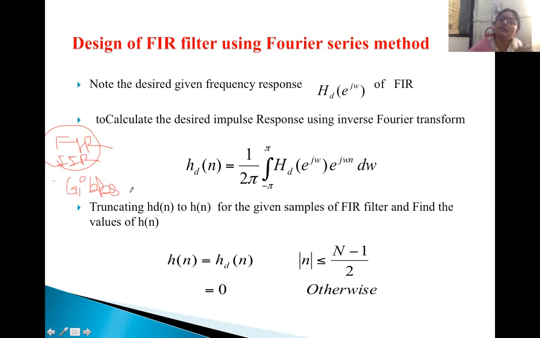It represents undesirable ripples in the pass band as well as in the stop band, and these undesirable ripples are represented by the term Gibbs phenomenon.